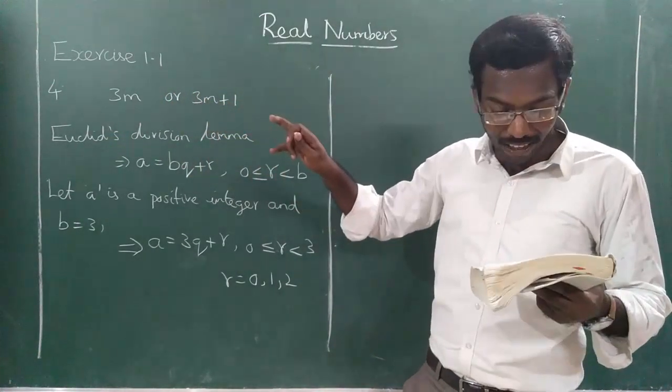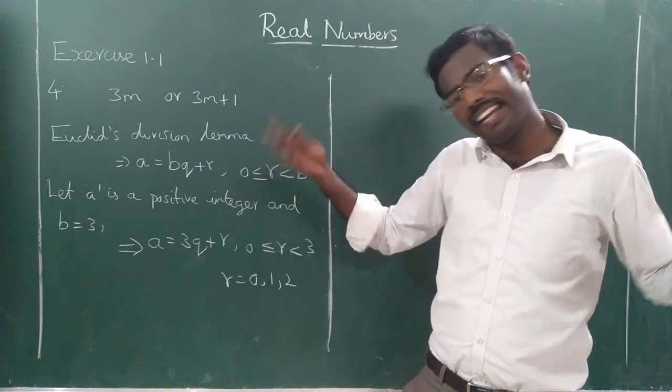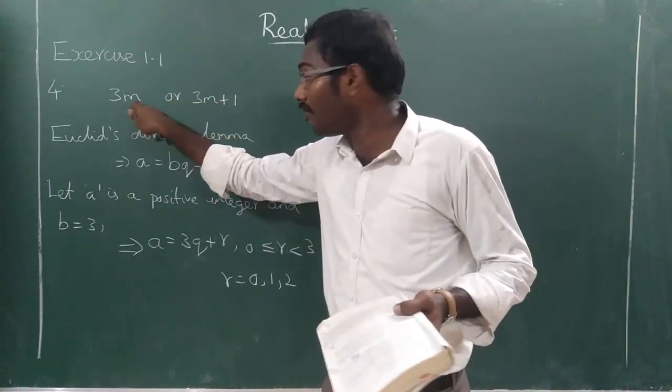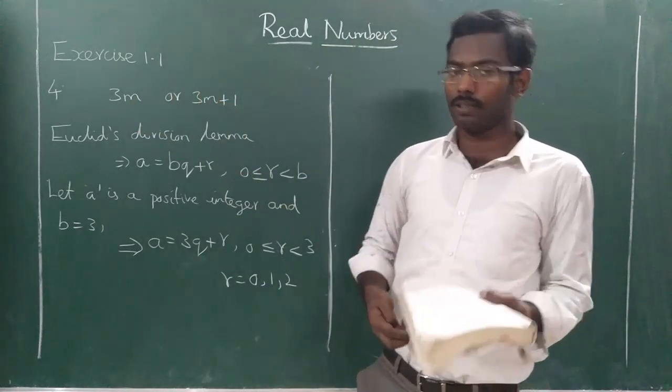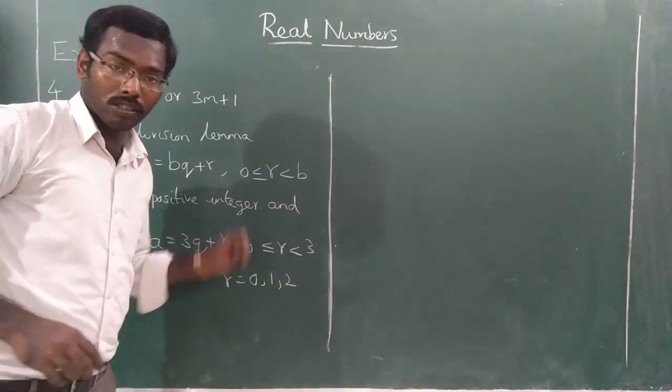But m is any integer, some integer. The m value can be anything, but it should be in the form of 3m or 3m plus 1. If you have not got a clear idea, wait, let us apply the values.